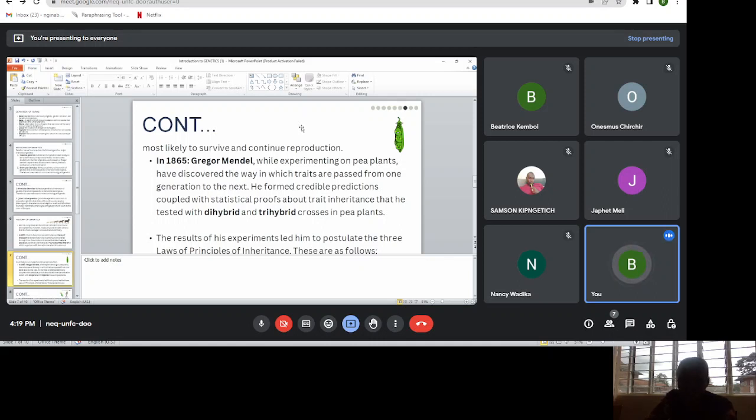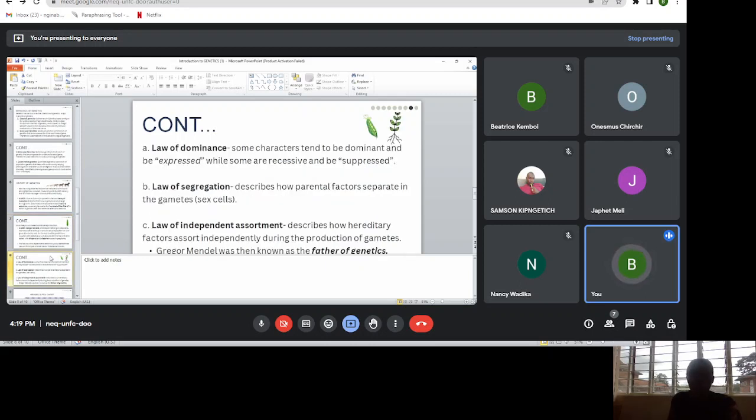So he was able to test dihybrid and trihybrid crosses in pea plants, and he came up with results which are used to date.